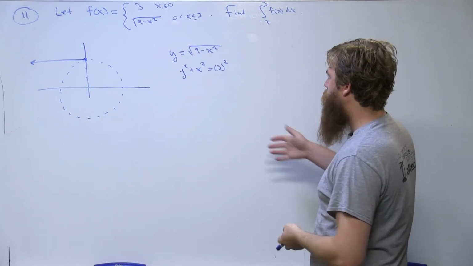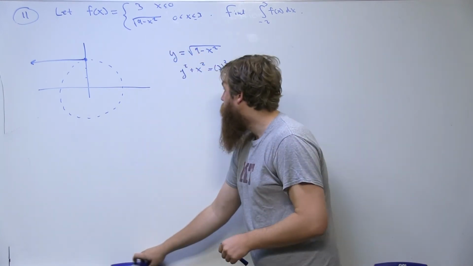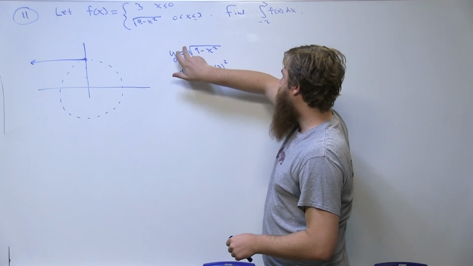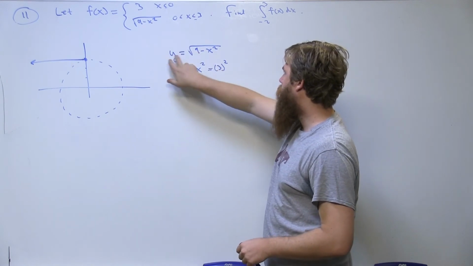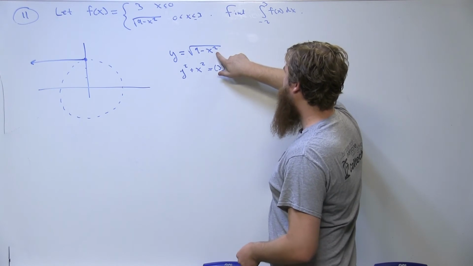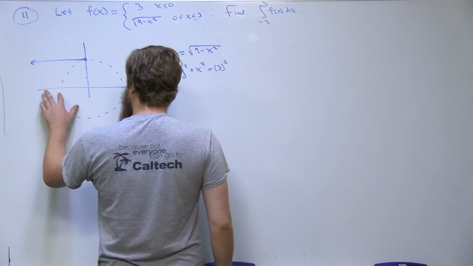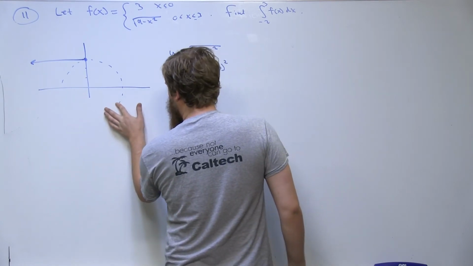What subset of the graph of the circle is this giving me? Because this is positive, I'm only going to get positive y values as outputs, and as x runs from 0 to 3, this takes on all the values between 0 and 3.